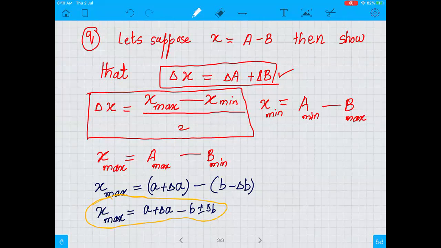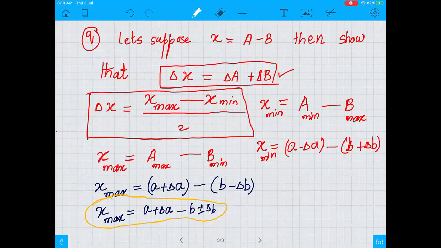So x minimum would be equal to the minimum value of a, minus the maximum value of b. For minimum value, you have to subtract the uncertainty. For maximum value, you have to add the uncertainty.